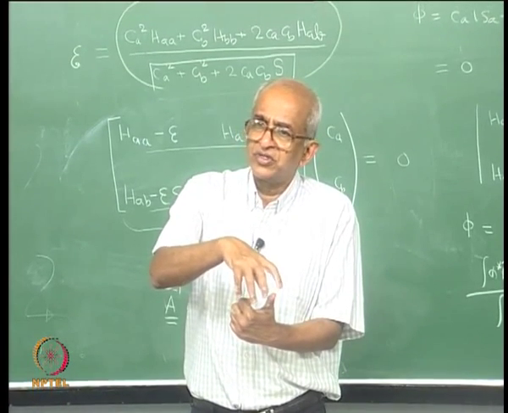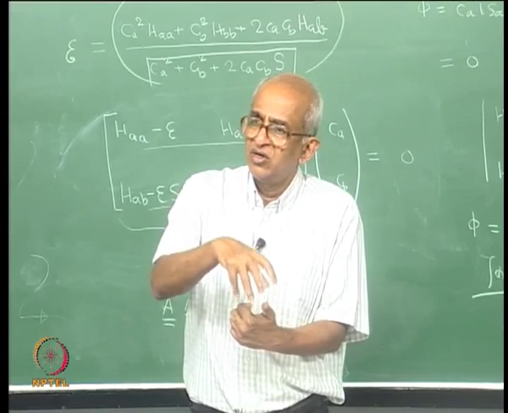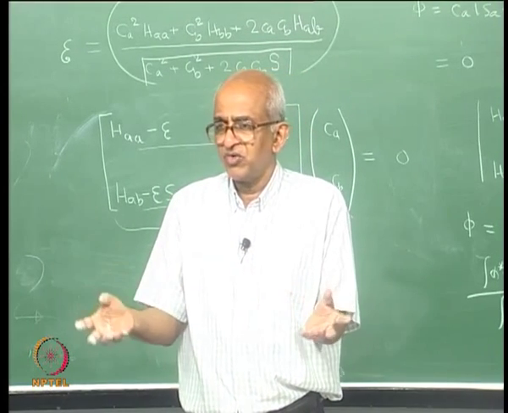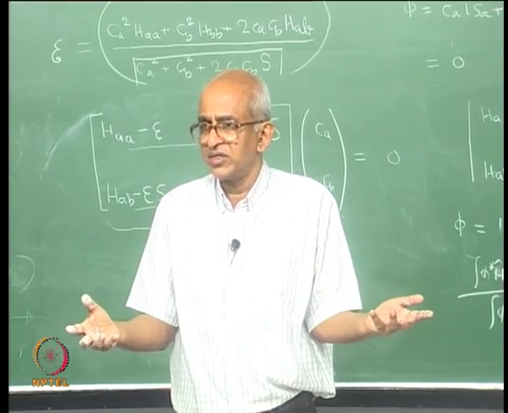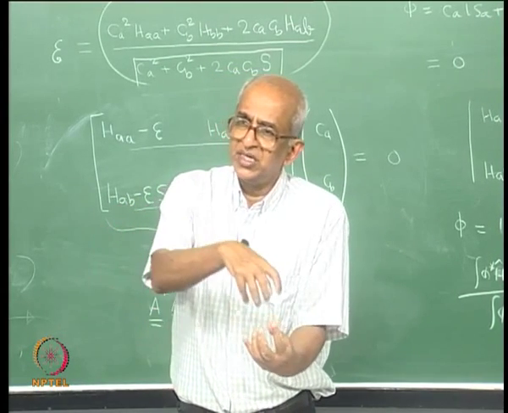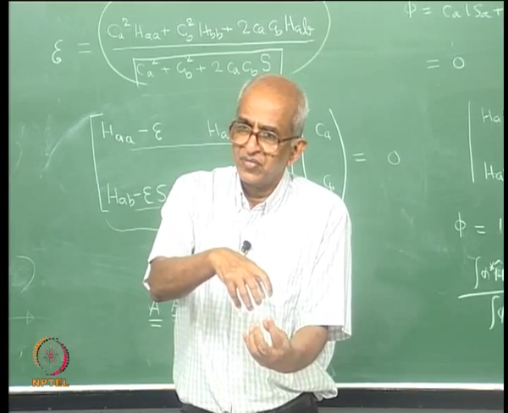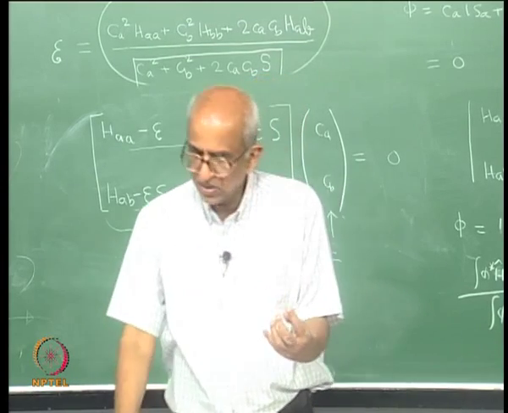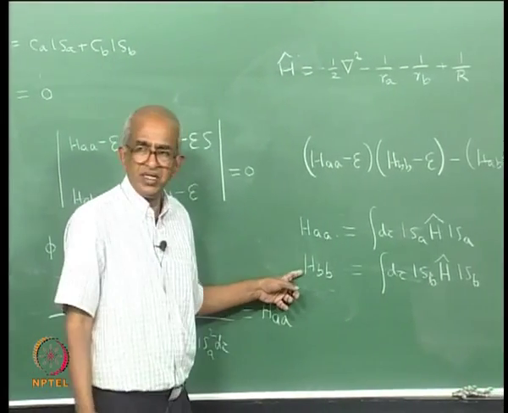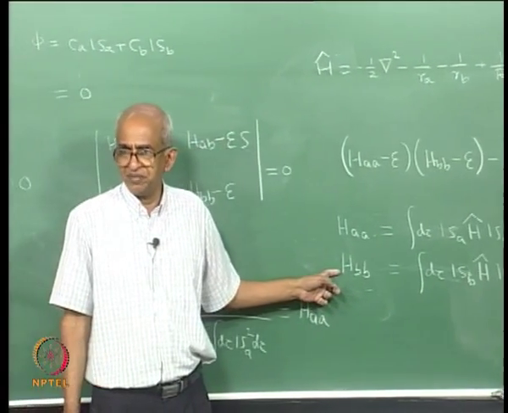And if I extended the same argument, HBB would be the energy of an electron which is forced to sit in 1sb, but I know that 1sa and 1sb are identical, because the two nuclei are equivalent, the orbitals are equivalent. Therefore, whether I put the electron in 1sa or 1sb, the system should have the same energy, and this simple argument convinces me that HAA and HBB must be the same.